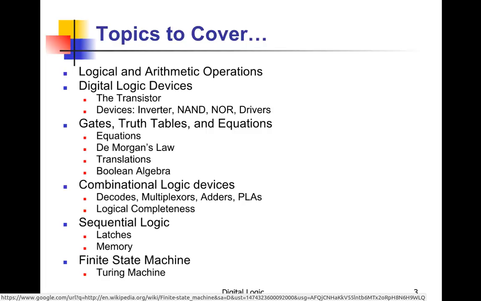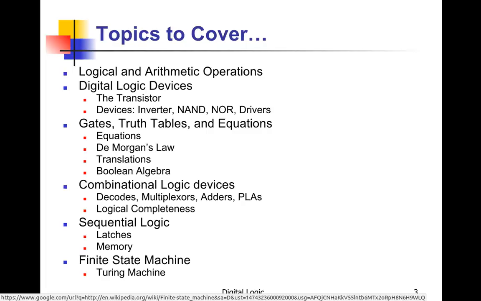So this first lecture is going to be on logic and arithmetic operations. The next one will be looking at logic devices, the transistor, how do you make AND gates, OR gates, NOR gates, NAND gates, and so on. And then the next section will be on logical equations and Boolean algebra, and then combinational logic devices. These are a little more complicated than just the simple AND and OR and so on, and inversion.